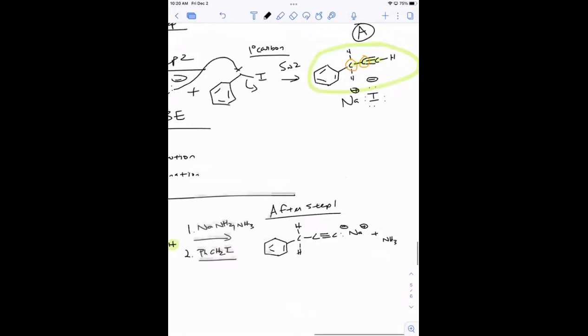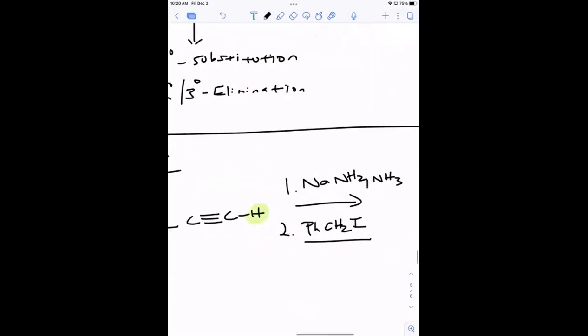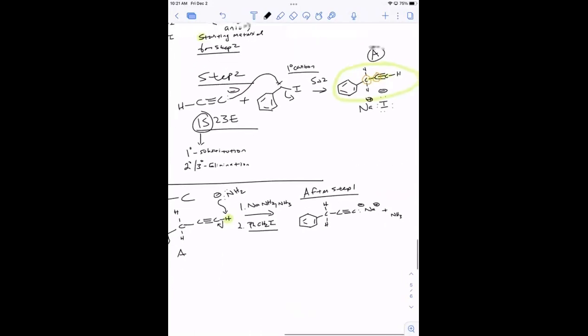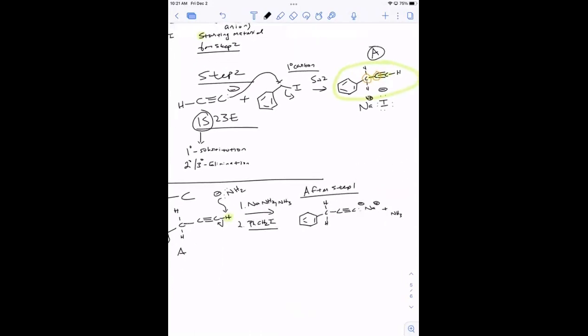Questions about that? It's the NH2 that's going to come in and do the proton transfer here. Any questions about that? So after that first step, that's what I get, just like in the first reaction, that's what I had.